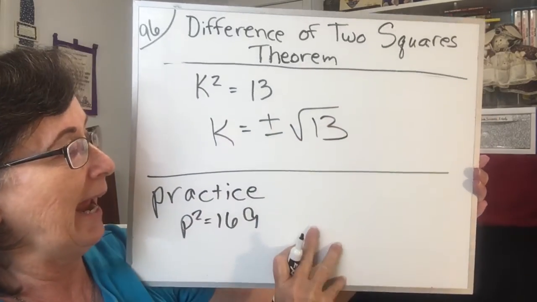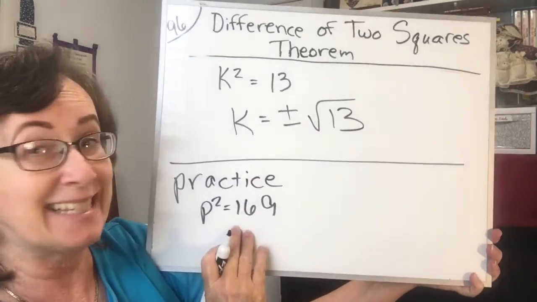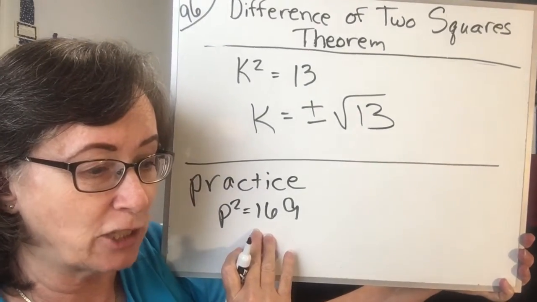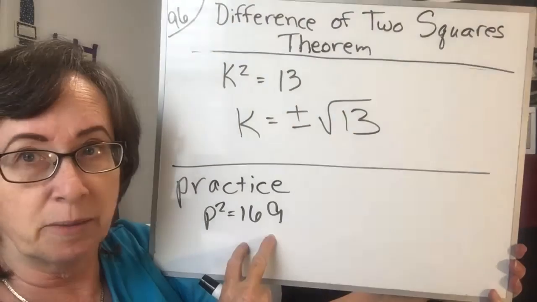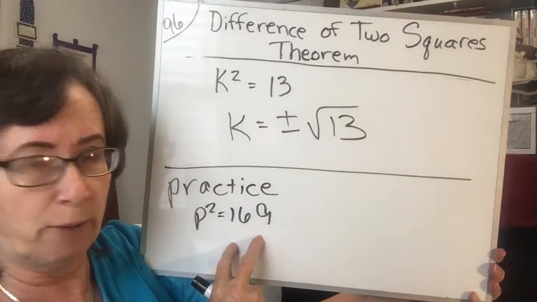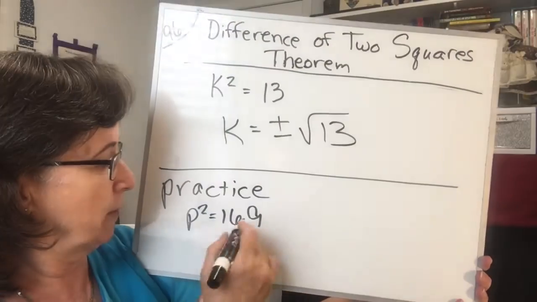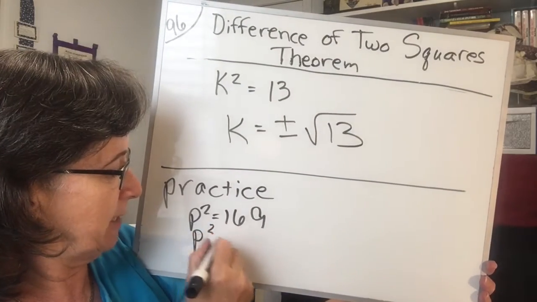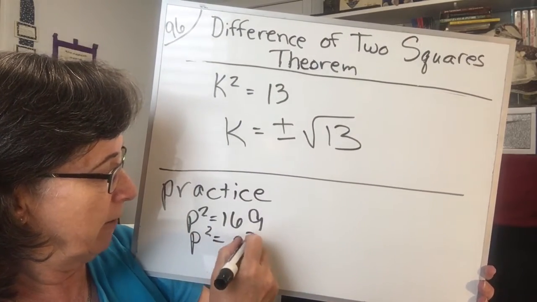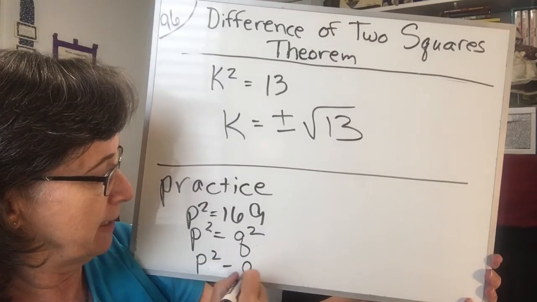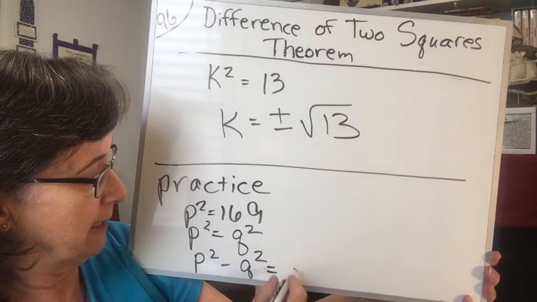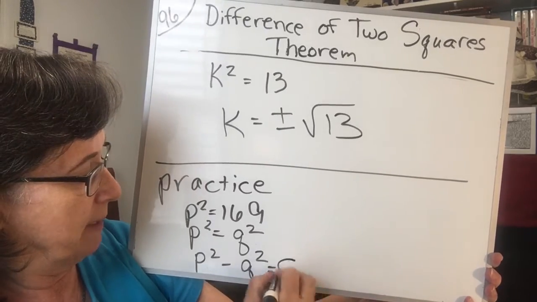All right, and this one, it says in our practice to actually use the difference of 2 squares theorem to show how we get this solution. So what we're going to do is we're going to say this is p squared equal to q squared, okay, which is going to lead to p squared minus q squared is equal to 0.